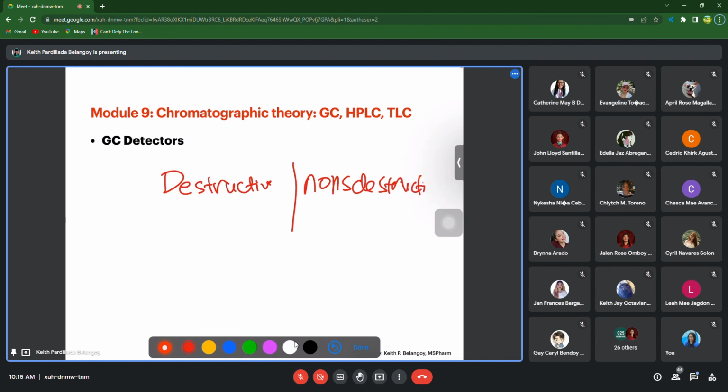Please read your detectors for your module 9 because there's a lot of questions in your exam about it. So maybe you'll be asked which one is non-destructive and which one is destructive. So ang iya pong mga definitions. Another tip, you have to also identify your detectors for your gas chromatography. So categorize them according to destructive and non-destructive.